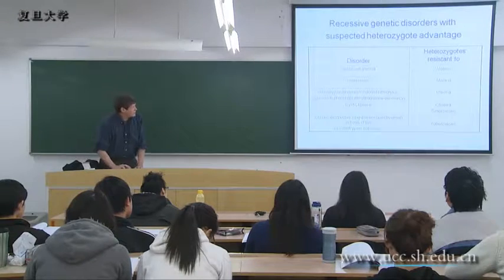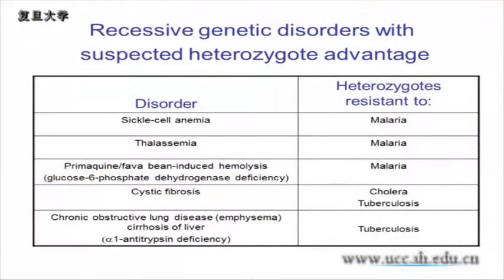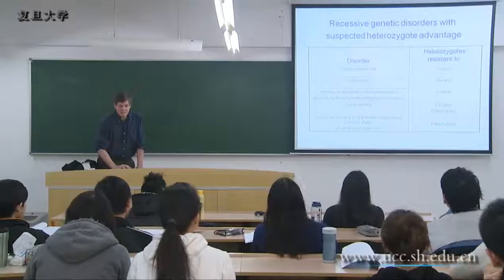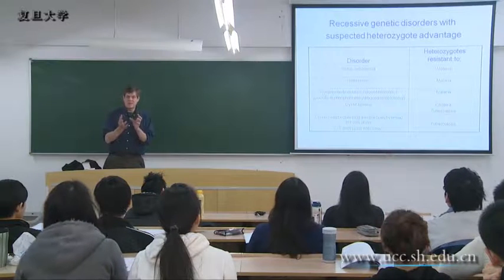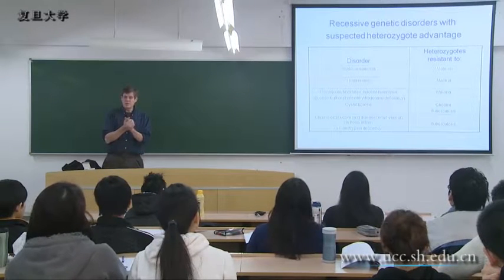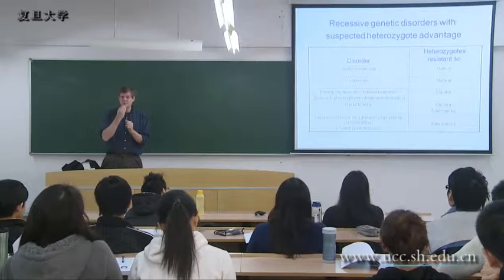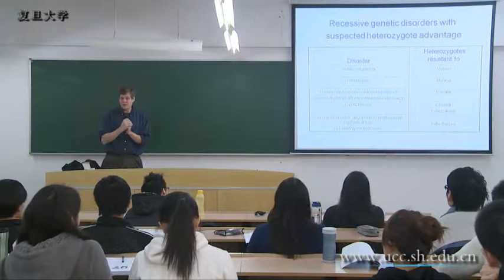And here's just a list of some diseases where this has been looked at. So sickle-cell anemia and thalassemia is just what I talked about. This is a very interesting gene. This glucose 6-phosphate dehydrogenase deficiency results in the hemolysis, or destruction, of red blood cells when people take certain drugs or when they eat certain things.